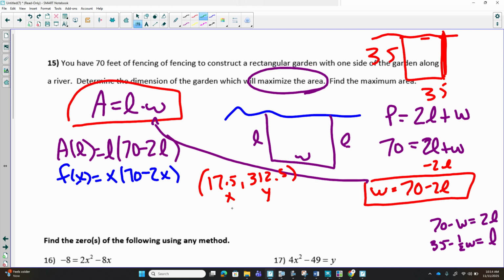But x is really L, and y is really A. So you can just put down max area, 312.5 feet squared. Then you can do length and width.